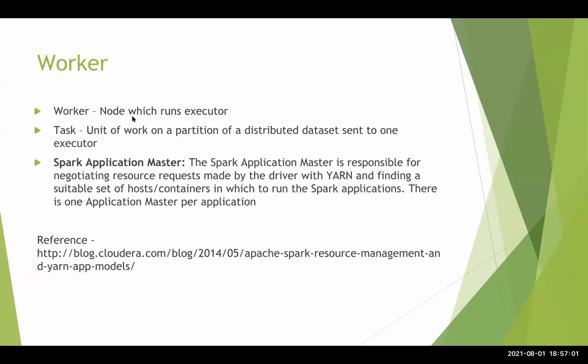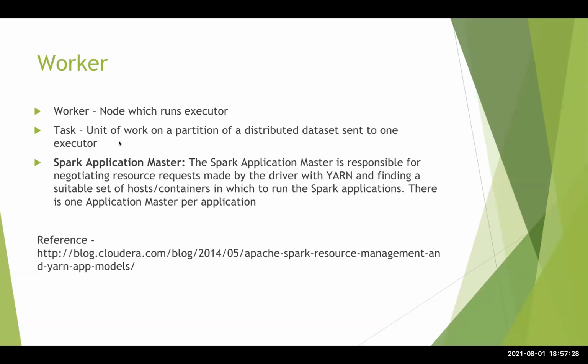Worker, it's a node which runs executor or executors. It can run one executor or more than one executor also. Task, unit of work on a partition of a distributed data set sent to one executor. Now, I will explain with an example what is task. In terms of Spark, let's say you have a file of 1 GB size on HDFS, and your HDFS block size is 256 MB.